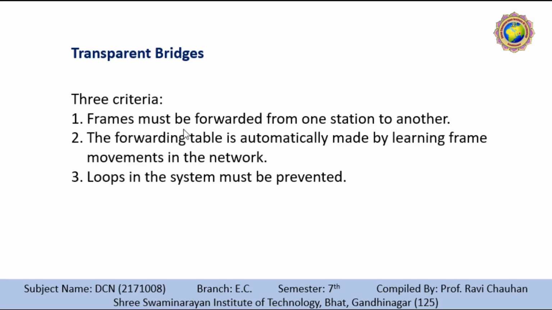First, frames must be forwarded from one station to another. Second, the forwarding table is automatically made by learning frame movements in the network, meaning it will be updated as per our frame direction. Third, loops in the system must be prevented, meaning if there is any loop in our network, it must be removed.